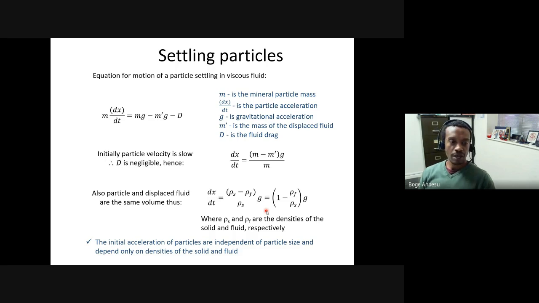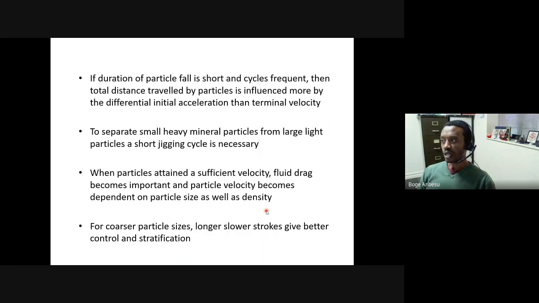So in other words, in a separator, if particles are not moving very fast, or if particles are moving very slowly, then the impact of particle size is less and the impact of density is high, and therefore particles can be separated mainly based on density. Although there's an impact of size, mainly particles should be separated based on density.